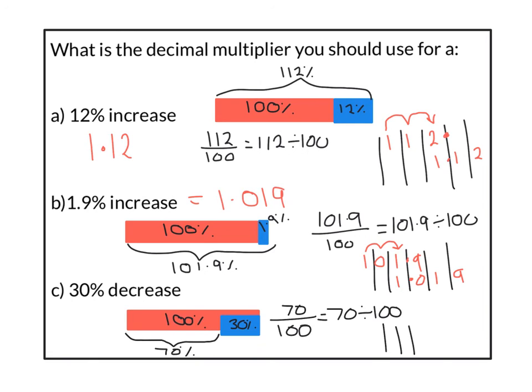Use my place value table. 70, there's my decimal point, divided by 100, so 2 spaces, 7's going to go there. It's 0.7. Looks unusual because it's not like the number that we started with, but remember it's 30% less than 100, so 0.7 would be my multiplier.